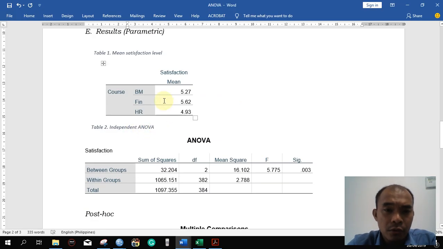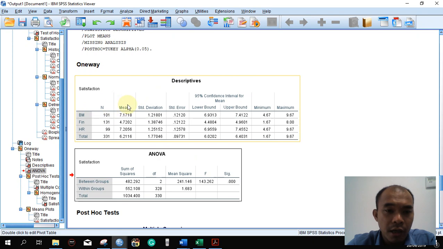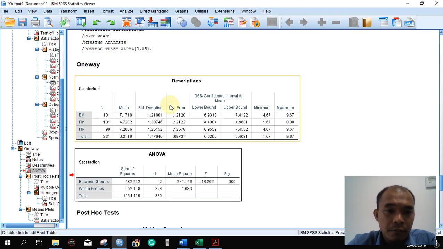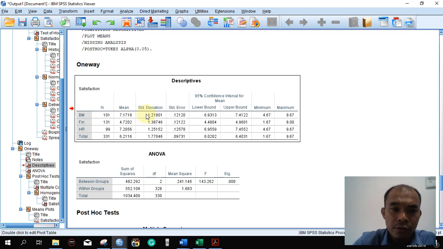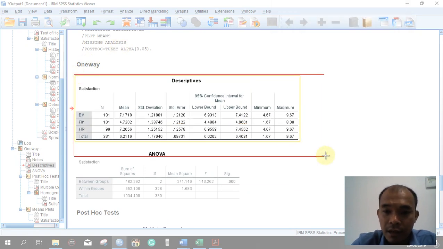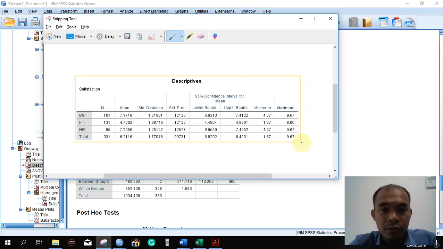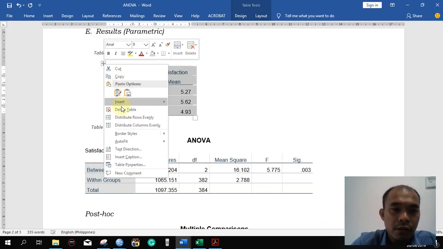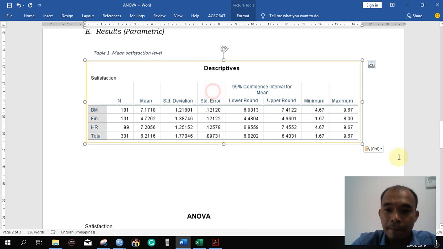We can also cut this portion and paste it here, but in this case, the values are wrong. So we will use the snipping tool, Control N, and then copy this one, Control C, then go back to the Word.